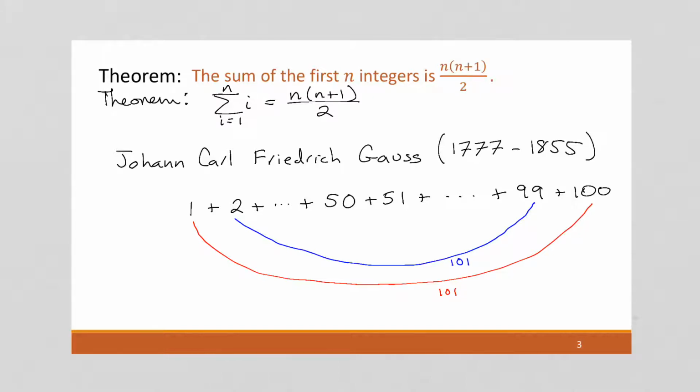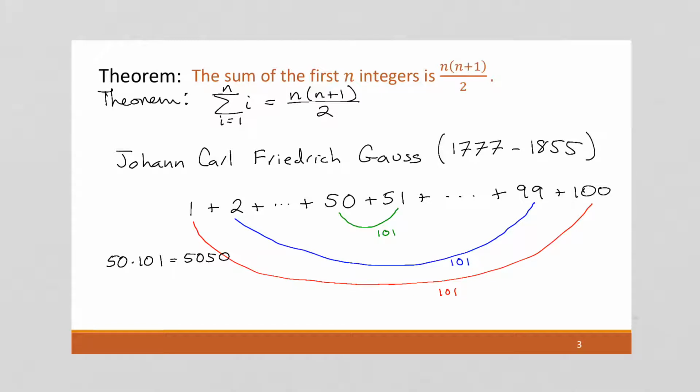And this continues until you get to the very middle, where you also have a sum of 101. So what Gauss deduced is that the sum of all these numbers would be 50, because there's 50 such pairs, times 101, which would be 5,050.